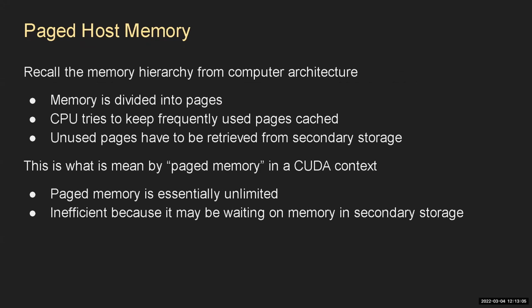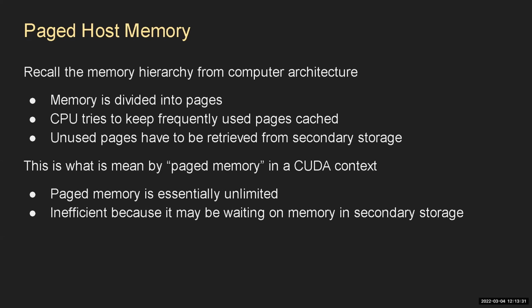So, paged memory. I think all of you have either had or are going through computer architecture. If you've gone over the memory hierarchy, you know that memory is cached. The CPU tries to keep things that it needs in the level 1 cache, level 2 cache, the stuff that's close to the CPU and fast to access.